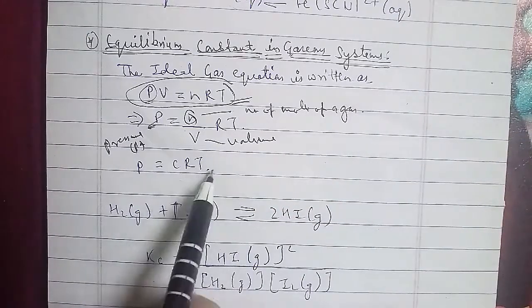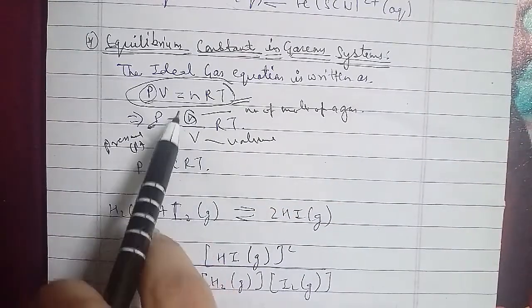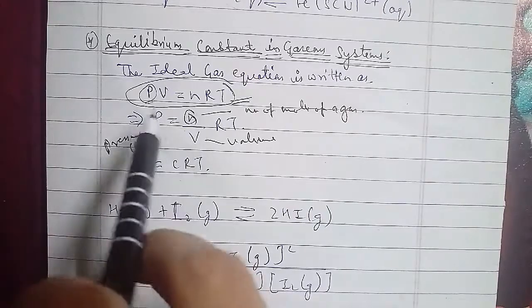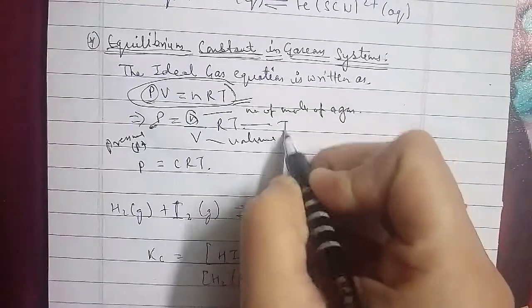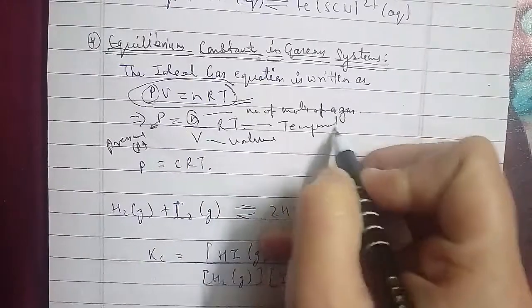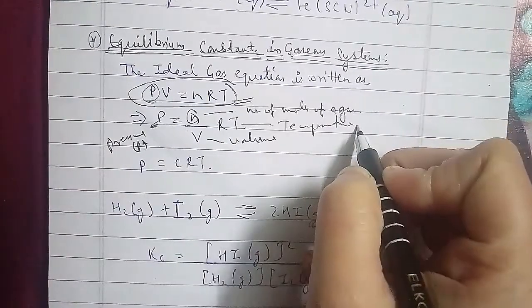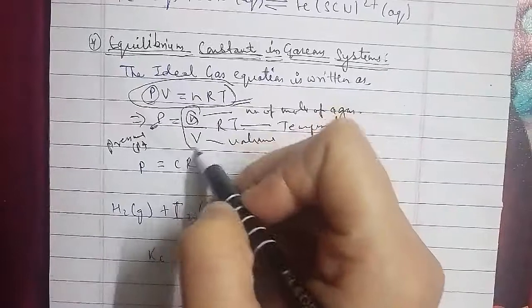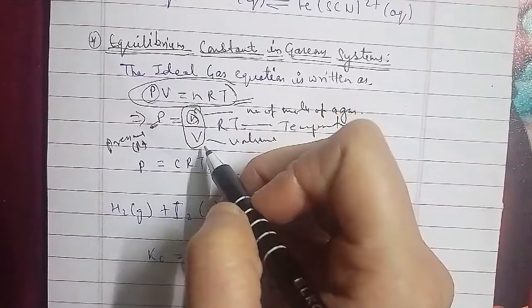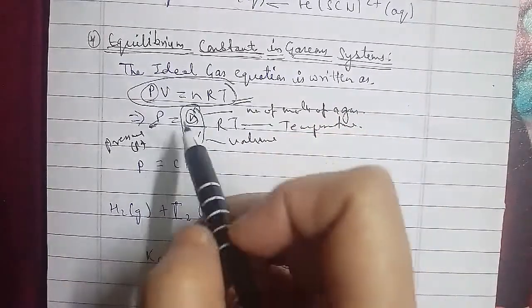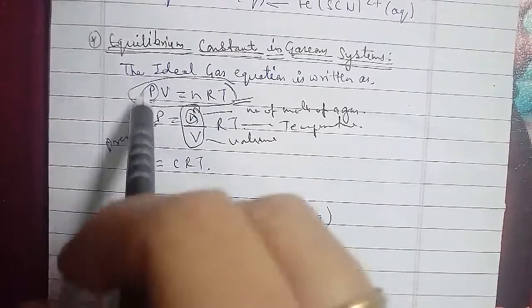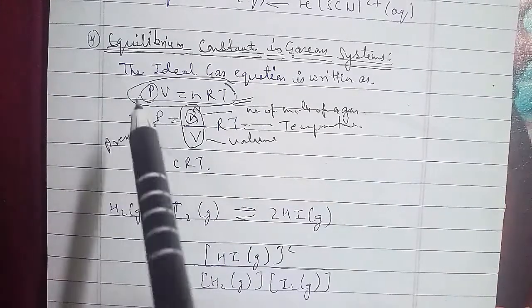and that is in Kelvin. Therefore we can say that n upon V is the concentration expressed in mole per meter cube, and if the concentration C is in mole per liter or mole per dm cube, and P is in bar, that is the pressure in bar, then we can say that P equals CRT.